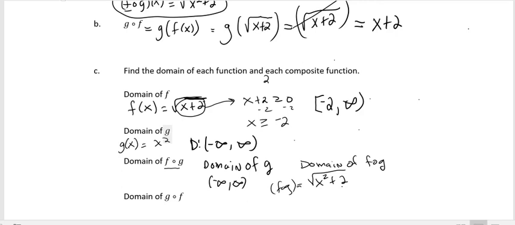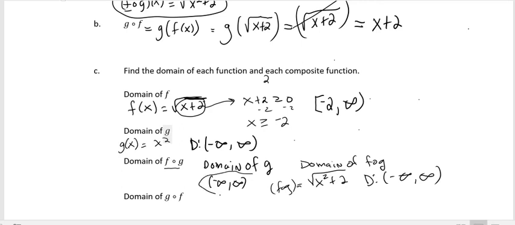So even though it has a square root, my domain is still negative infinity to positive infinity because of this x squared. Notice I'm doing the domain of g by itself, and then I'm doing the domain of f of g, okay?